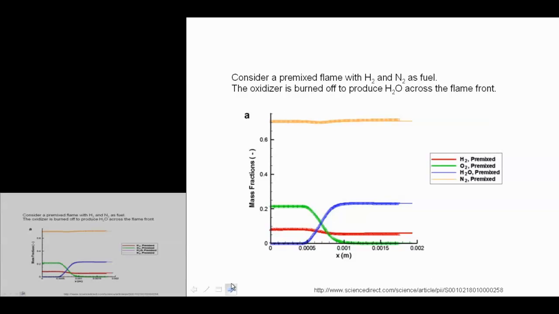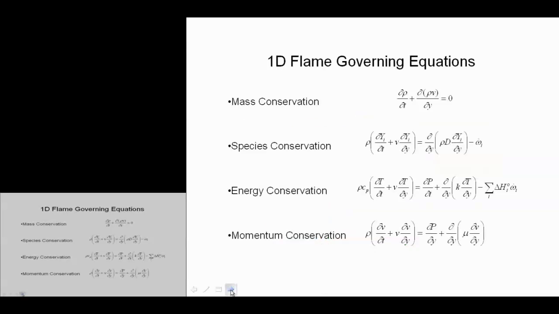So, these are typical profiles that occur in this system. And again, there's nothing particularly difficult about the simplest level of trying to generate these profiles. As I said, here are the types of conservation equations that one might require.